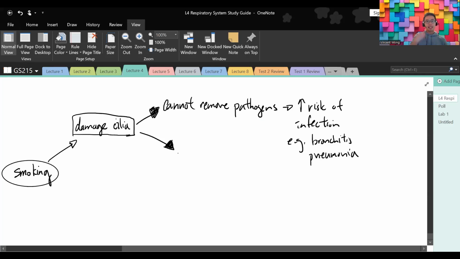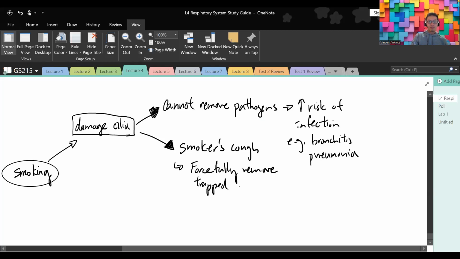So the only way to get it out is to cough it out. So you will have smoker's cough, which is forcefully removing trapped mucus. Make sense? You see smokers spit a lot. They cough and then they spit it out. That's because the cilia are no longer working.